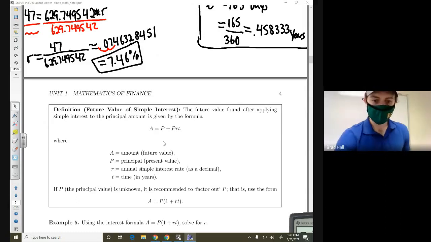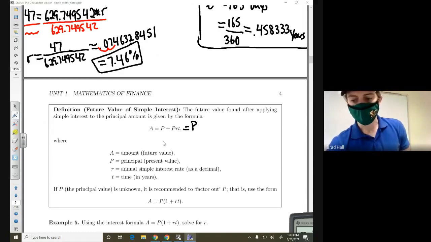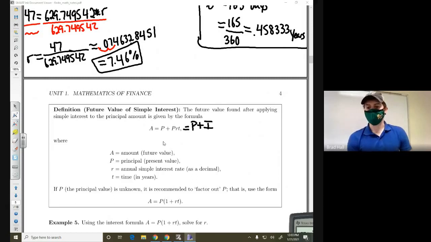This may be clear by the fact that in the formula, well, here's P, and PRT is the interest. So in essence, that's what this formula is telling us. It's telling us that we're adding the original amount to the interest, because the interest is PRT. So that's it.